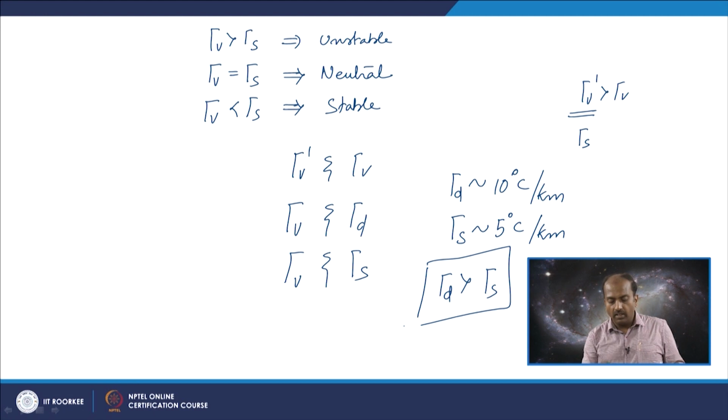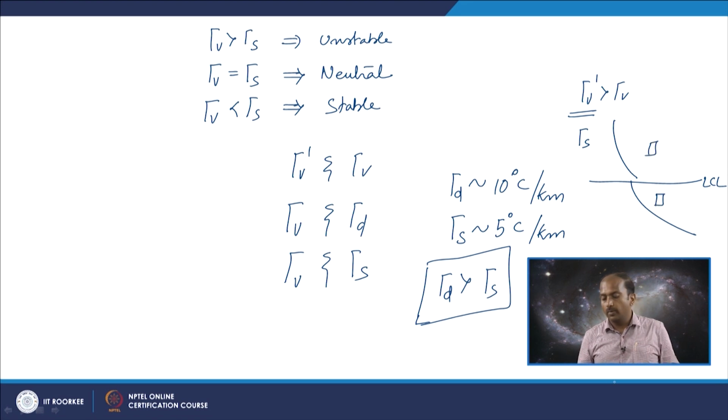Now, we can combine these conditions and write conditions for an air parcel which is dry in comparison to the atmosphere and an air parcel which is saturated in comparison to the atmosphere, because the rates are different. Let us say if this is the LCL, some conditions are good here and some conditions are good here. If you take an air parcel above the LCL, things are different.